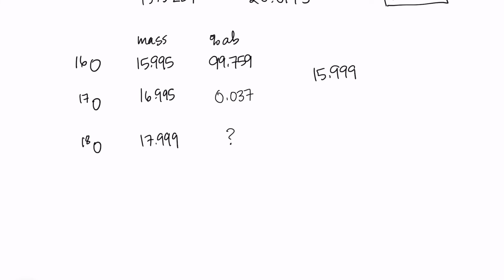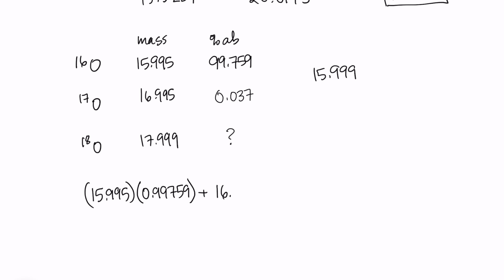I'm going to set up my calculation just exactly the same way as I did before. I'm just going to have to do the calculation a little bit differently. So I'm starting with my mass, 15.995, and that's my 99.759%.